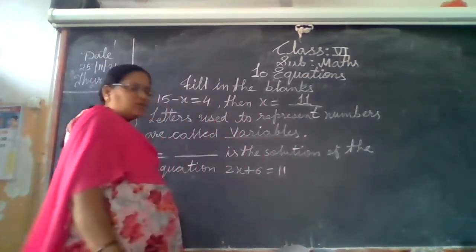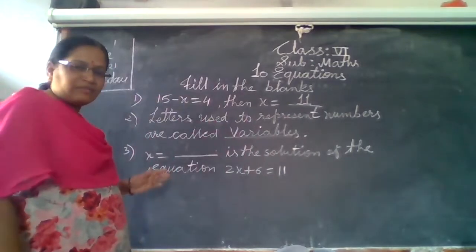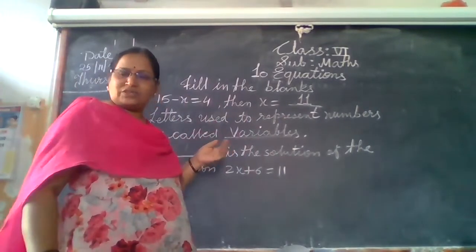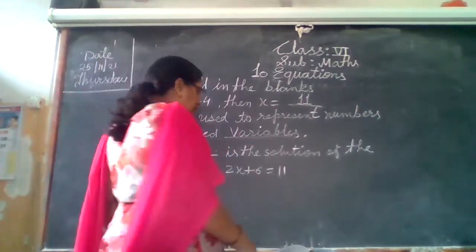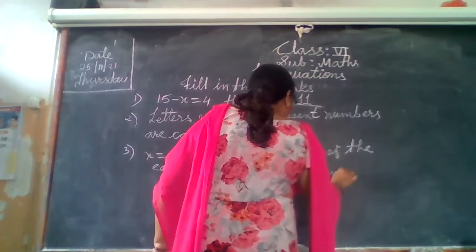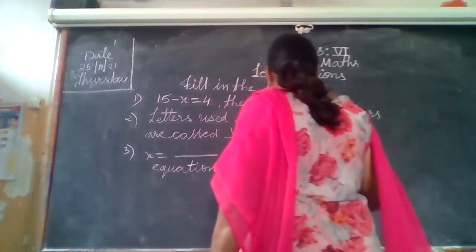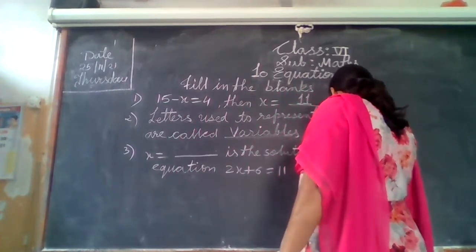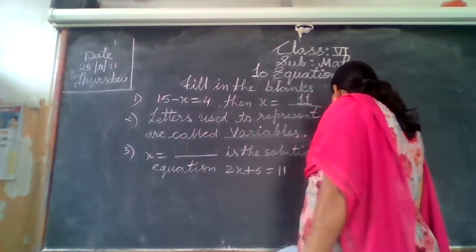So children, here you have to solve this, and after solving this, write down the answer. So let's solve this equation. So here we have to solve it in the page. 2x plus 6 equals to 11.